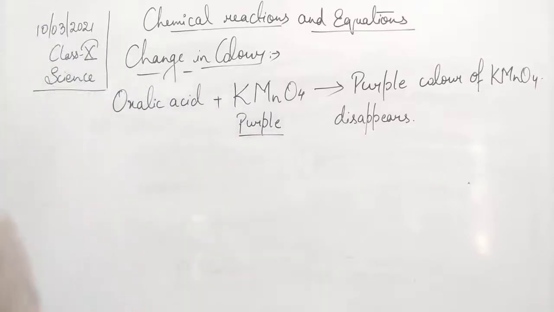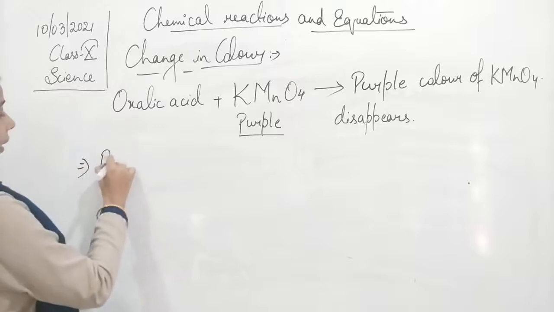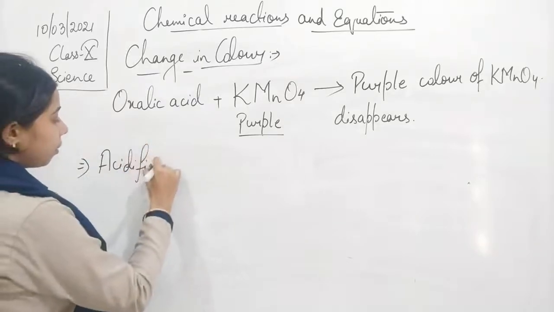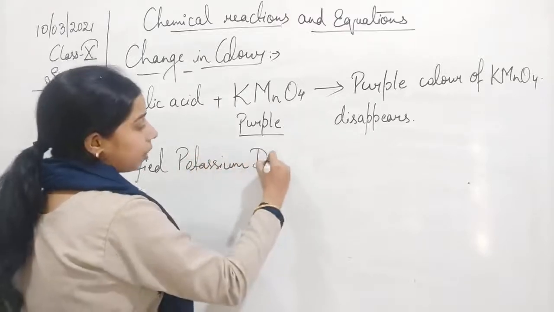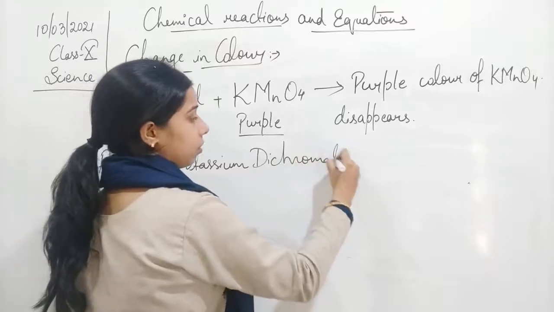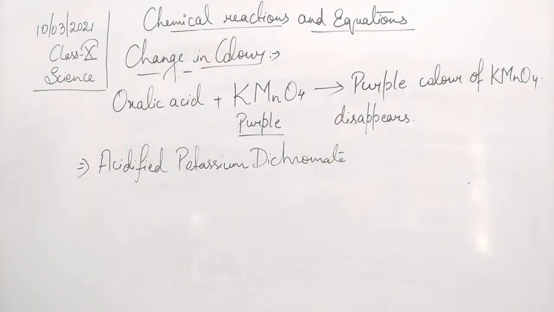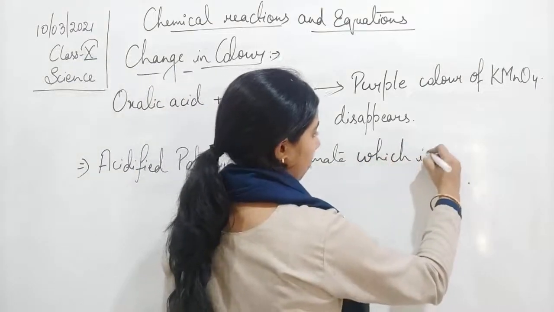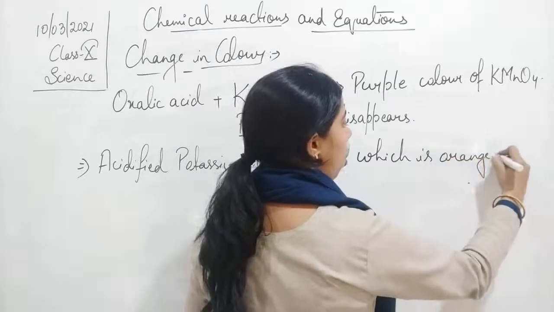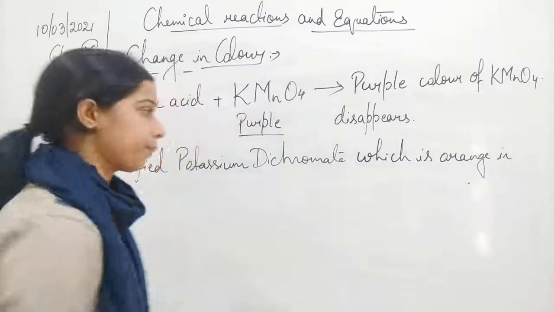Okay, so if we write about that also, that is acidified potassium dichromate, which is orange in color.